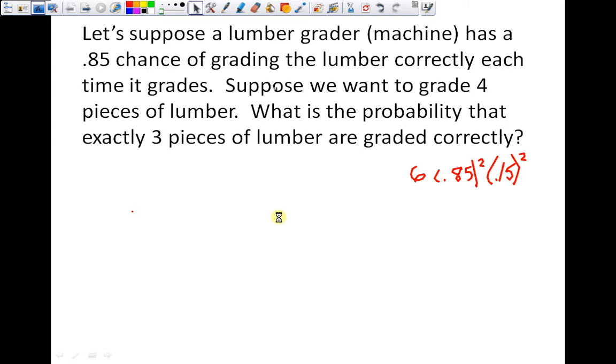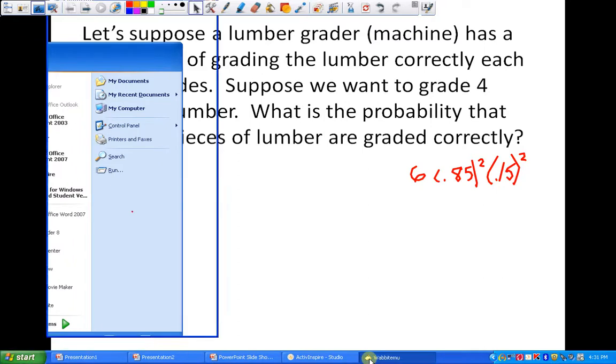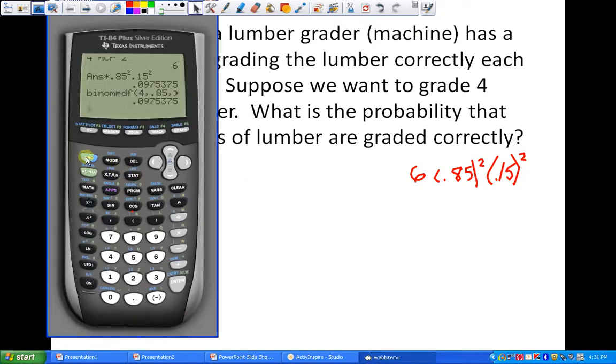So let's look at another example. Same setup here. Suppose we want to grade 4 pieces of lumber. What is the probability that exactly 3 pieces of lumber are graded correctly? So let's use our binomial probability. Use the calculator again. We want exactly 3 out of 4 successes. So let's do it all in one motion again.